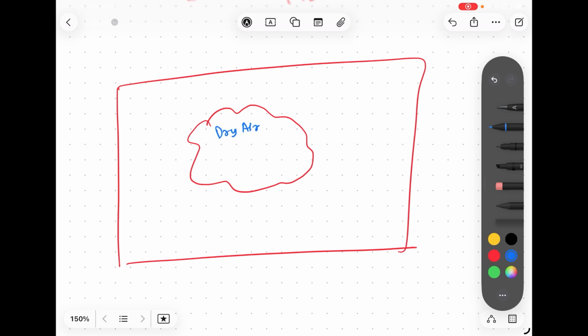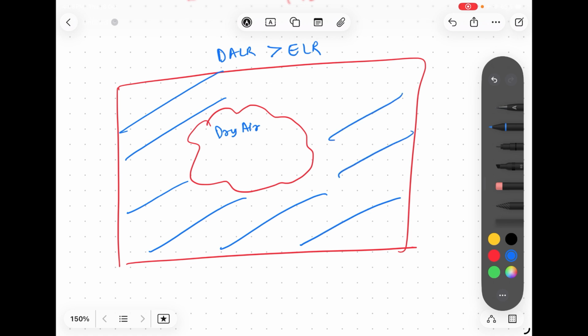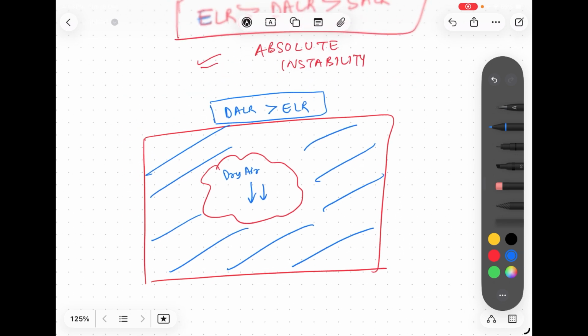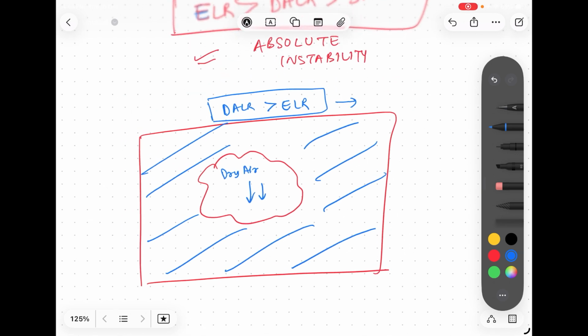The dry air, so DALR जो lapse rate है dry air का, which is more than ELR. That means this environment में this bubble is going to sink and stabilize, because it will get colder faster because उसका lapse rate ज़्यादा है. So this is conditional stability also, right? So this could be also considered as conditional stability. This is stable. I'll just write stable for now.